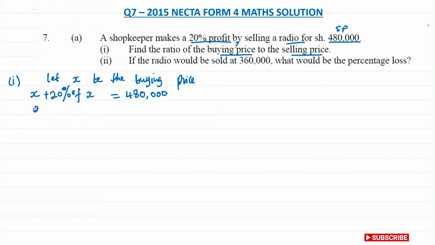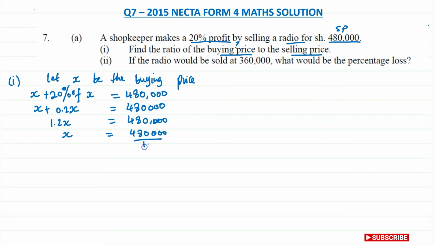Now, if you convert this into decimal, this will give you 0.2x, and this gives 480,000. If you add these two, you get 1.2x is equal to 480,000. Divide both sides by 1.2.